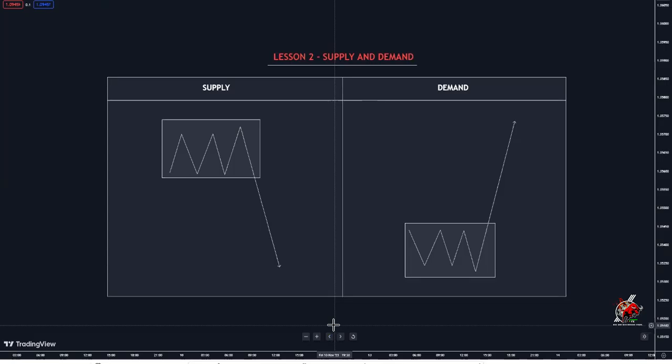For example, if we marked the whole supply, meaning the whole consolidation, we know that when the market comes back, we can't execute from this whole consolidation because our stop loss will be huge, right? So now we identify the order block that is left before this impulse move that led to breaking the structure right here, right?